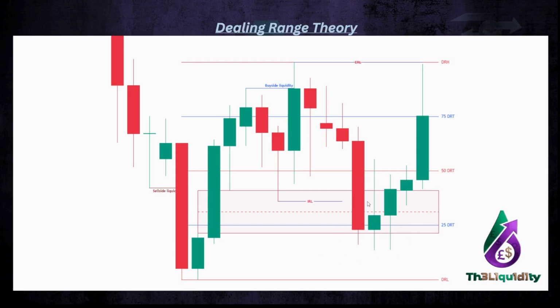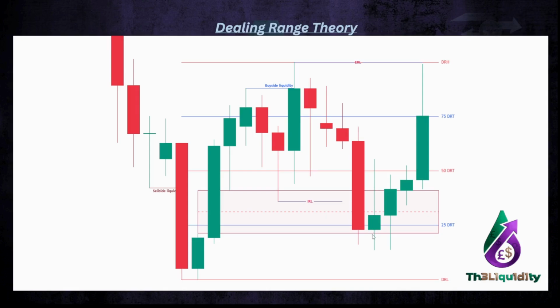We'll delve deeper into dealing range theory in a later course, but just note that these grading levels are very important in terms of not just grading the dealing range, but using them as a confluence in alignment with your PD arrays when trying to catch the reversal. So yes, this is the example on the dealing range.